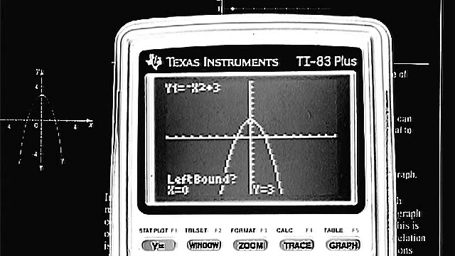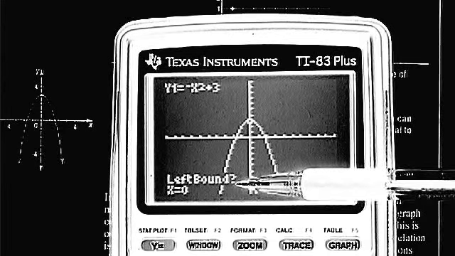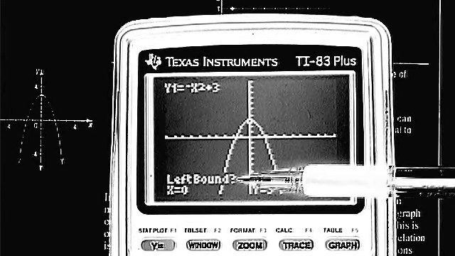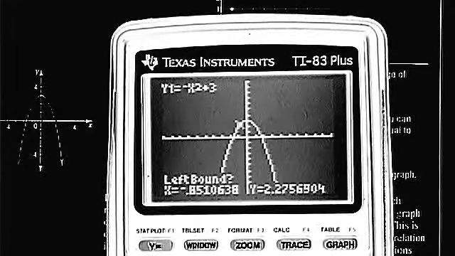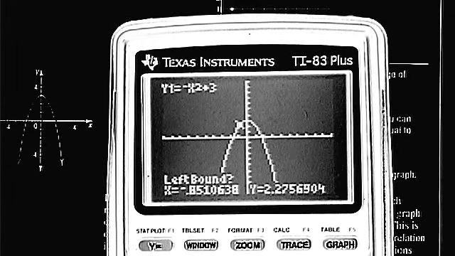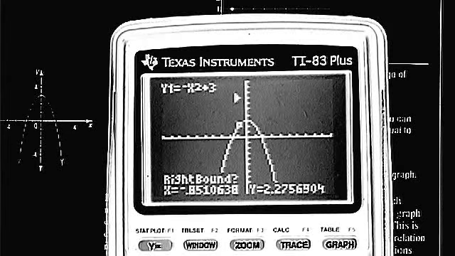You'll notice this unusual feature on the calculator says give me a left boundary. So if I know that this is close to the top, I'm going to come a little bit to the left, and you'll notice that I used the left arrow to go a little bit to the left, and I'm going to hit the enter button. Now I don't have to use the arrows.